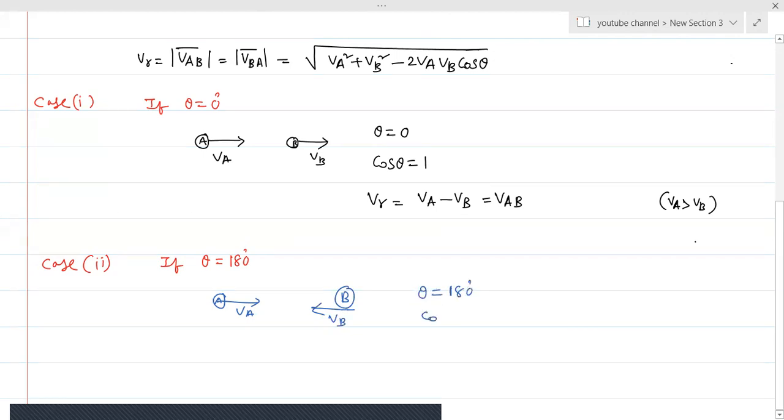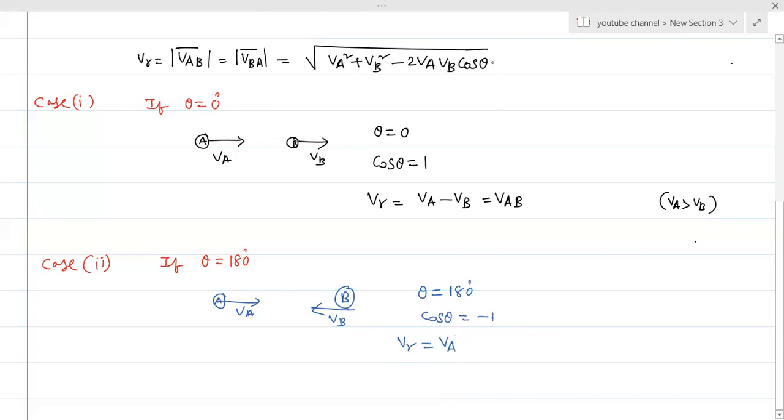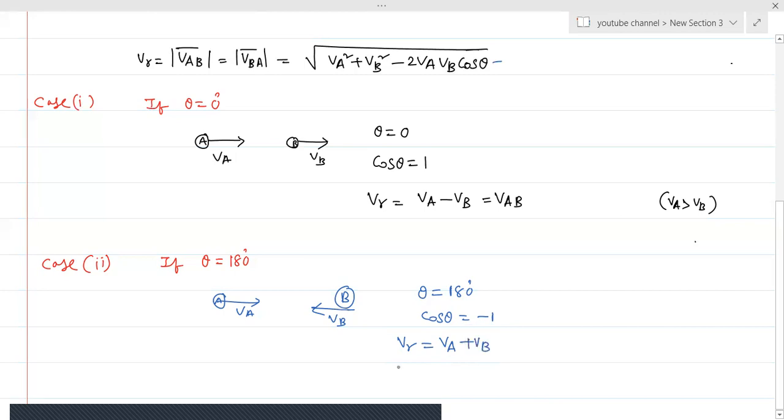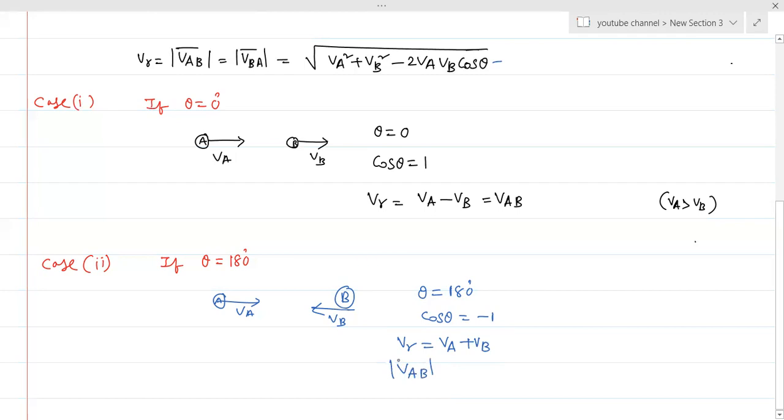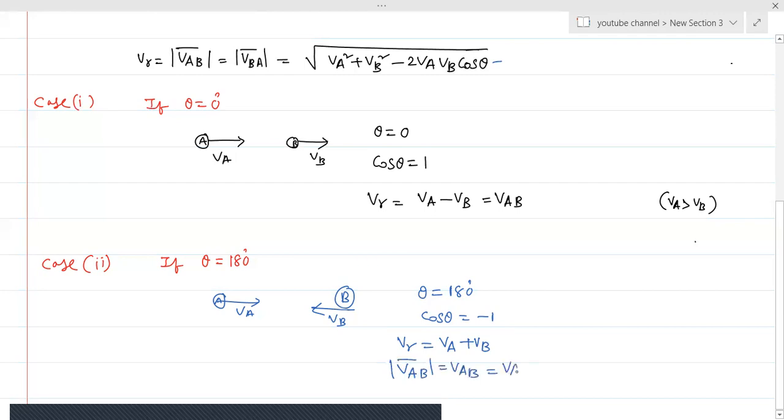Cos theta is equivalent to minus 1. So after substituting in the above equation, we will get relative velocity equal to VA plus VB. So the magnitude of VAB bar, or simply VAB, is equivalent to VA plus VB.